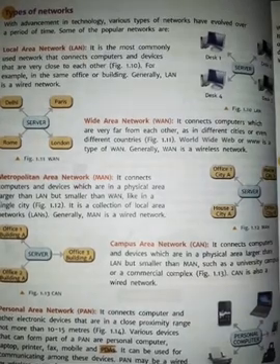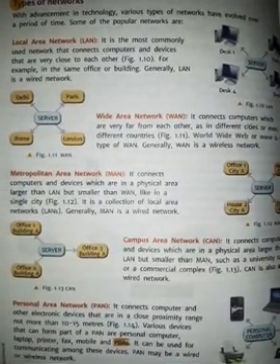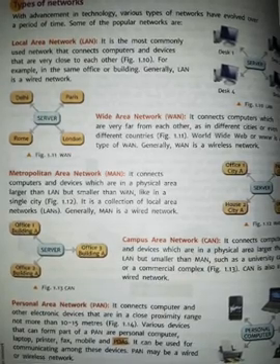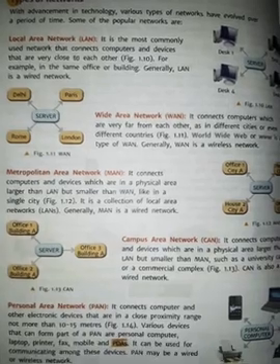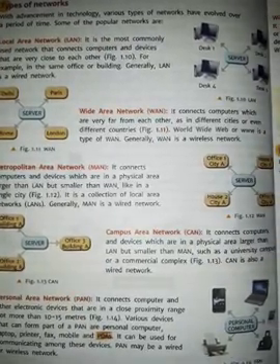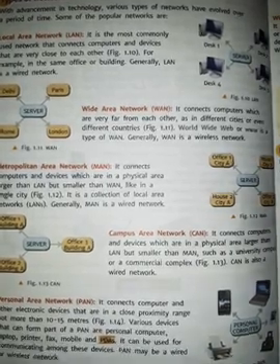Students, a metropolitan area network connects computers and devices in a physical area larger than LAN but smaller than WAN. A campus area network connects computers and devices in a physical area larger than LAN but smaller than MAN.